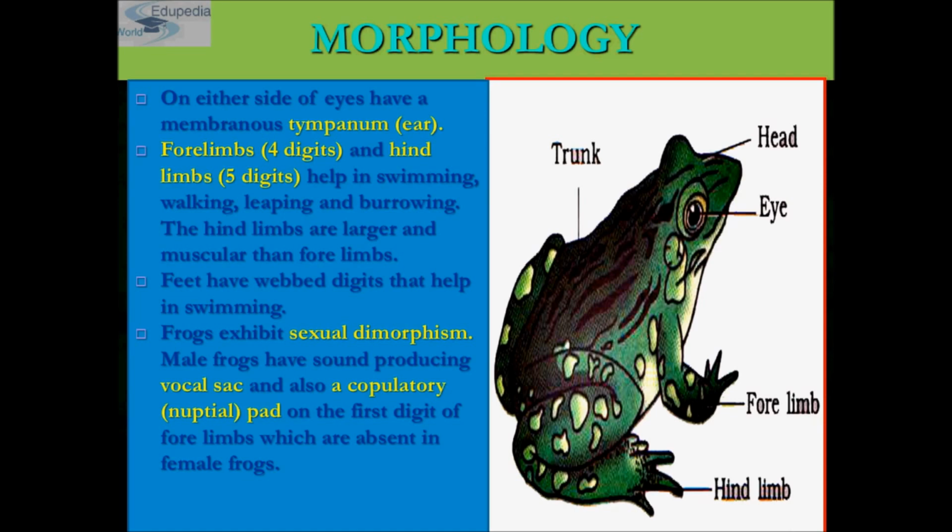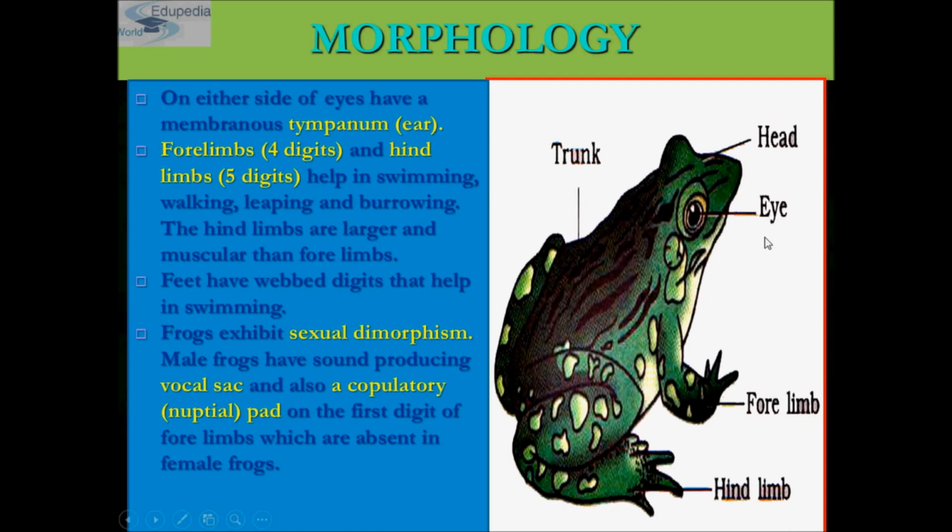The dorsal side of the body is generally olive green with dark irregular patches or spots. This is the dorsal side, and this one is the ventral side. The ventral side is uniformly pale yellow, and a frog never drinks water, but absorbs it through the skin.